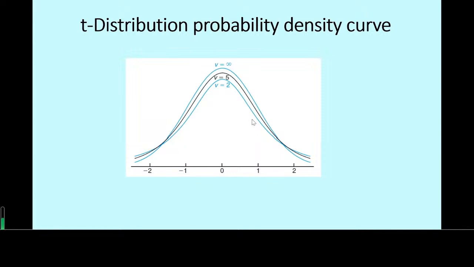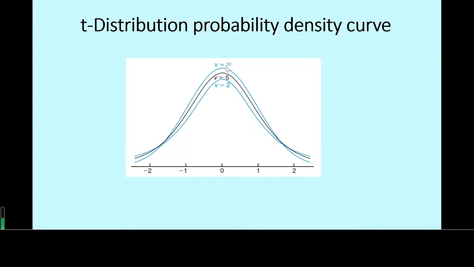So in this figure, there are 3 t-distribution density curves. This is for the t-distribution with degrees of freedom equals 2. The middle one is degrees of freedom 5, and the highest one has very large degrees of freedom.